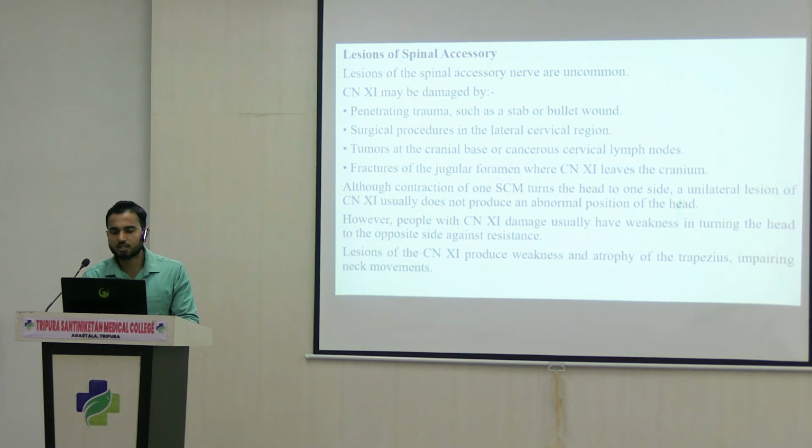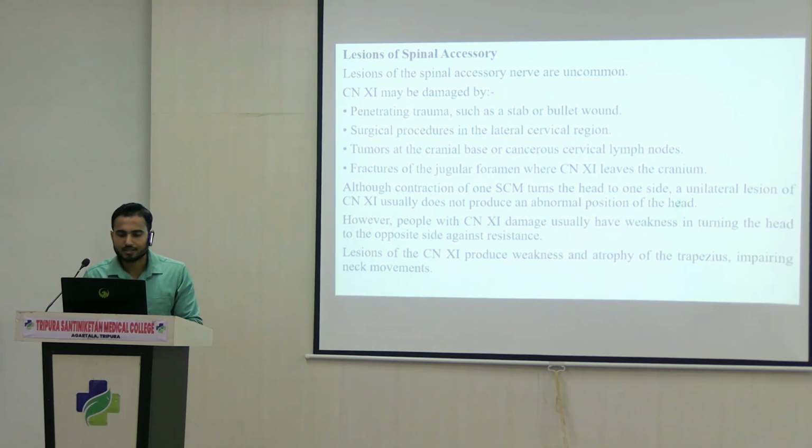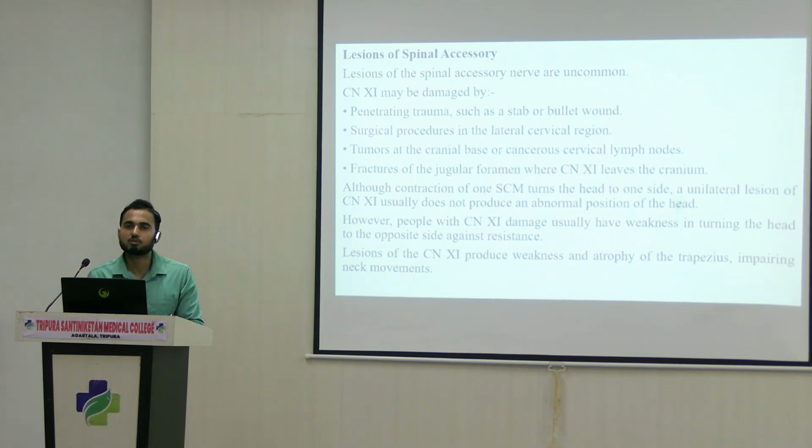For example, penetrating trauma such as a stabbing or bullet wound in the side of the neck, or a surgical procedure can damage the spinal accessory nerve. Tumors at the base of the skull and fracture of the jugular foramen are other causes. So these are the reasons by which the spinal accessory nerve can get damaged.